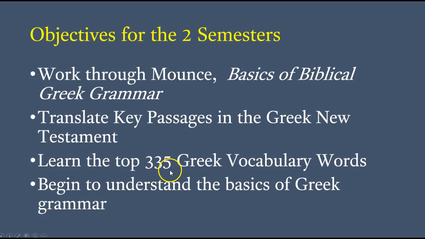We'll learn by the end of the second semester the top 335 Greek vocabulary words. And the nice thing about that is with any foreign language, when you learn, say, the top 500 words, you know 80% of everything in the language.